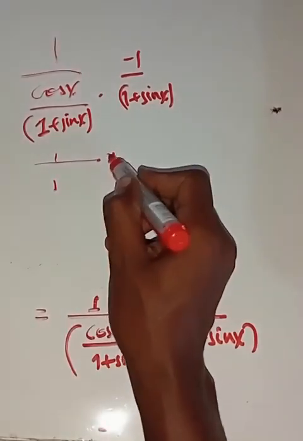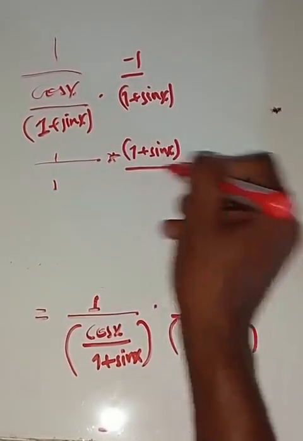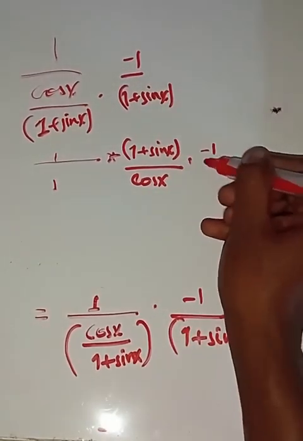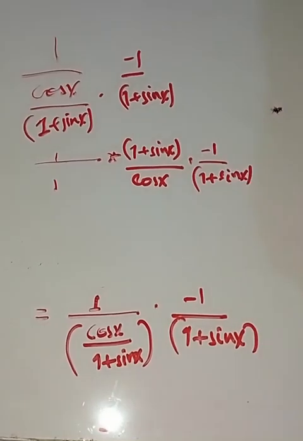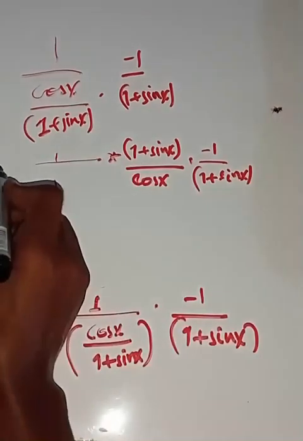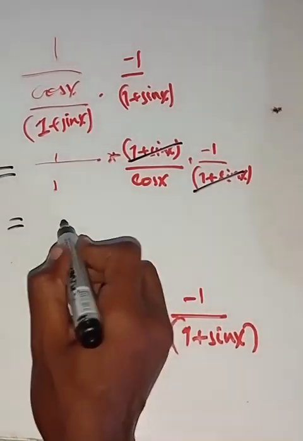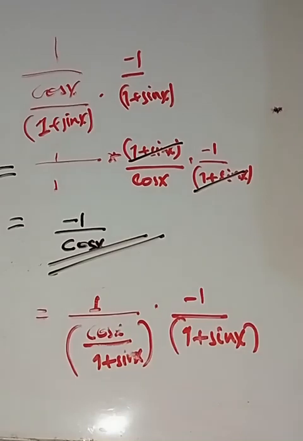Since we can take the reciprocal, it is (1 plus sine of x) over cos of x, times negative 1 over 1 plus sine of x. So this one can cancel out this one. So what's left for us is negative 1 over cos of x.